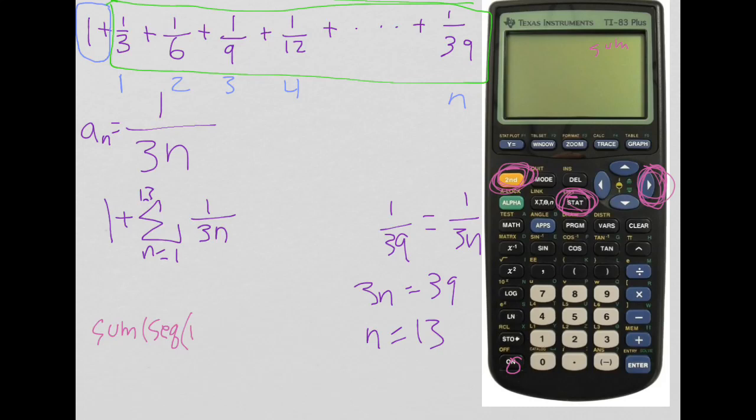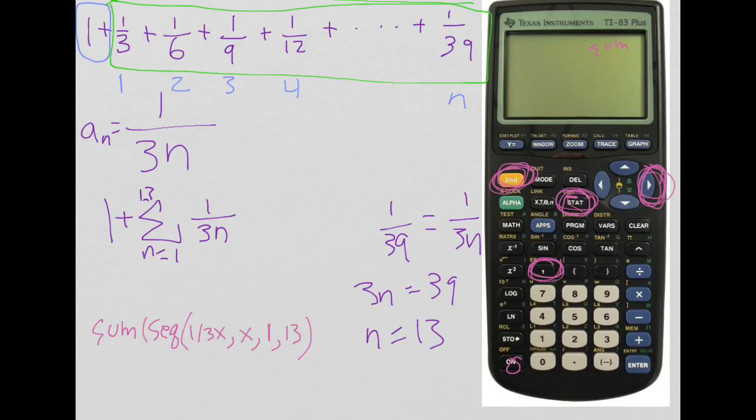Well, the sequence is 1 divided by 3x, and then we need a comma, which is on your calculator right above the 7. Then we tell it that the variable we're dealing with is x, then a comma, and then put our first term 1 and our last term 13.